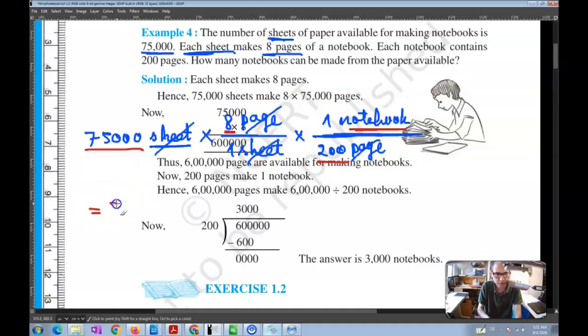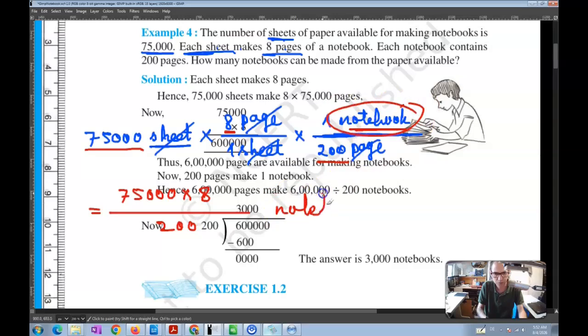So this would be the same thing as 75,000 times 8 divided by 200, and then the unit becomes notebooks, right?